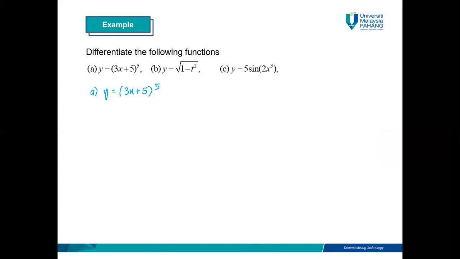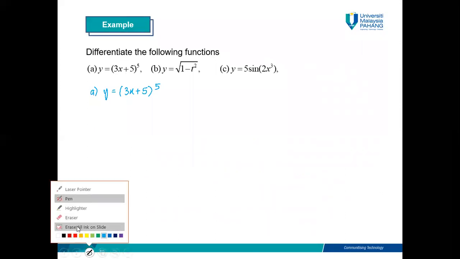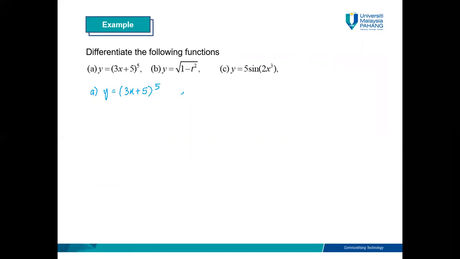In the table of differentiation we only have x power of n, right? But now your x is 3x plus 5. So how do we do it? We use the chain rule.